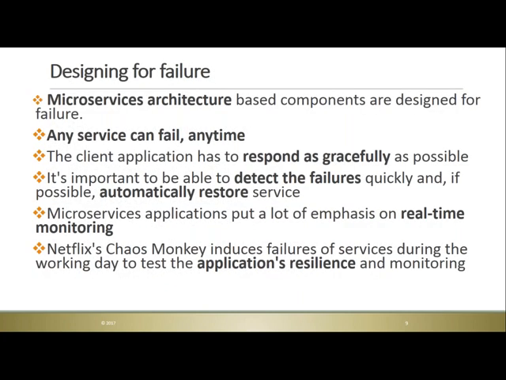So microservices architecture itself, and this whole notion of designing for failure. So think about it, any service in this case can fail. So anything can fail, and we want to design for that idea of failure. Once we start thinking about failure, then we come up with all sorts of other ways that we want to architect to make that simpler.